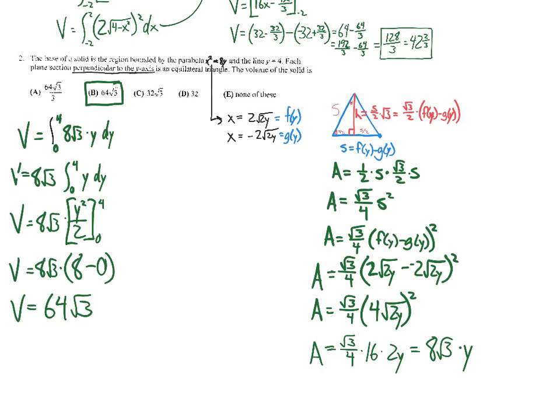Yeah, these are hard because they're hard to picture. So if I have, in perspective here, the y-axis and the x-axis, I've got this parabola here, and I've got the line y equals 4.